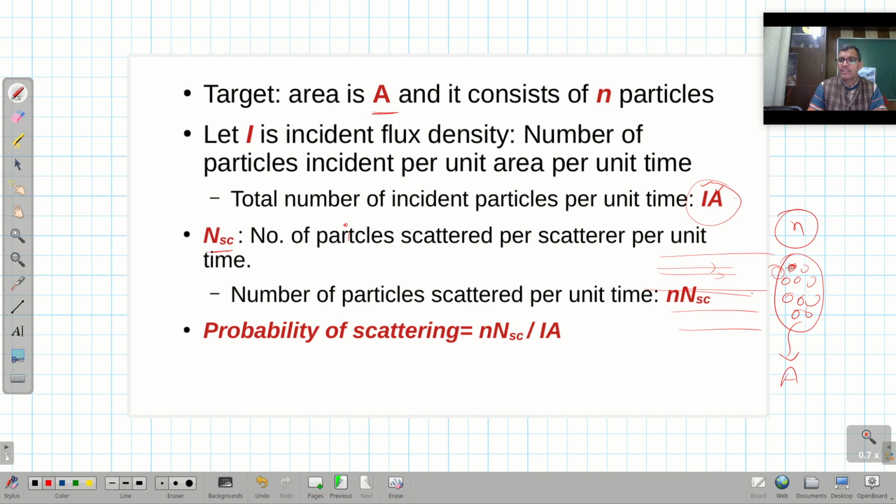Suppose I am considering this scatterer, and how many particles it is scattering per unit time is represented by N_sc. Therefore the number of particles scattered per unit time is represented by n into N_sc. So the probability of scattering is defined as n N_sc divided by I A. This is the ratio of these two quantities, right? This is the probability of scattering.